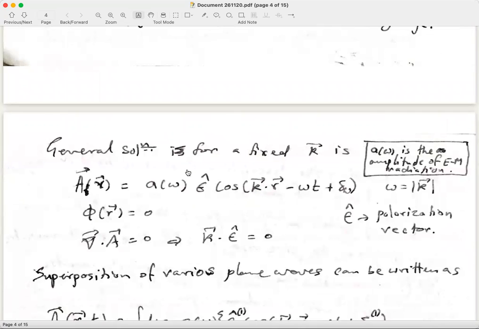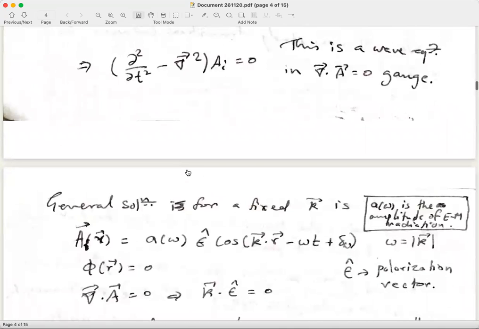So the general solution for a fixed value of the spatial momentum k would be something like: the vector A of x is equal to A omega times epsilon hat times cos of k dot r minus omega t plus some delta omega, where omega is just the modulus of the wave vector k.